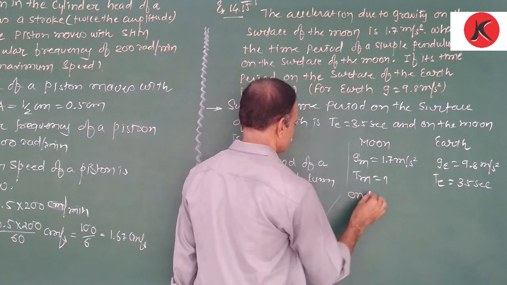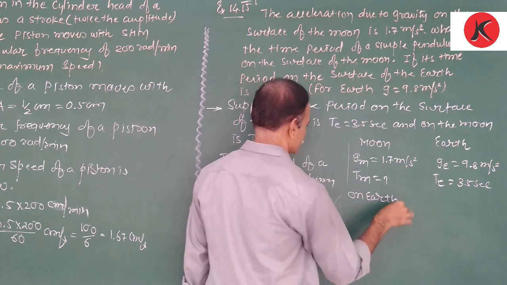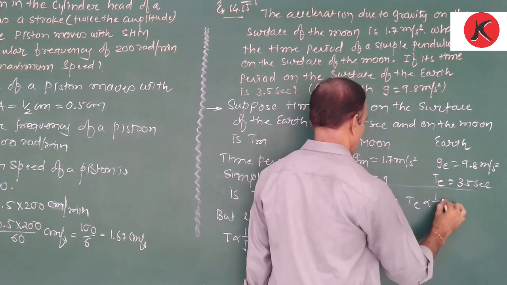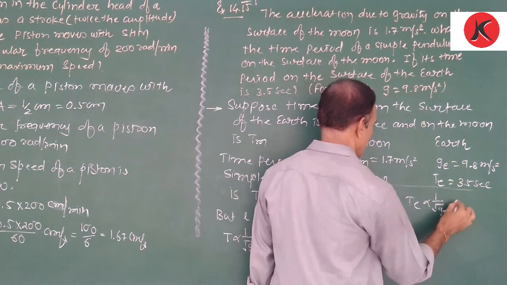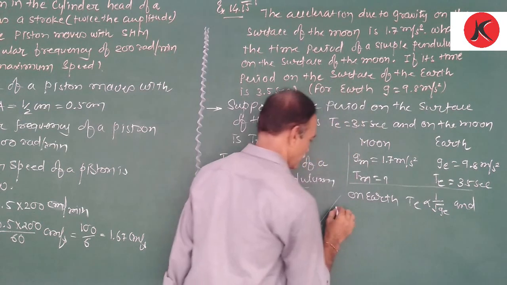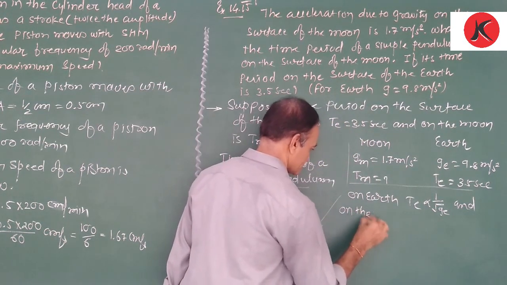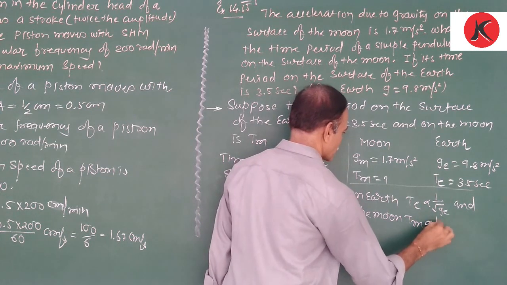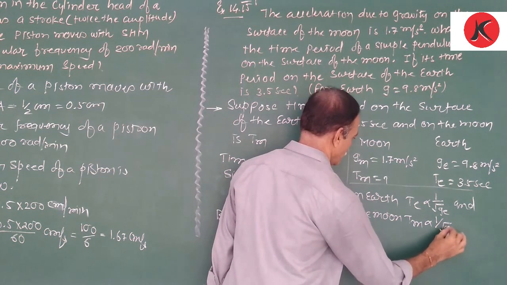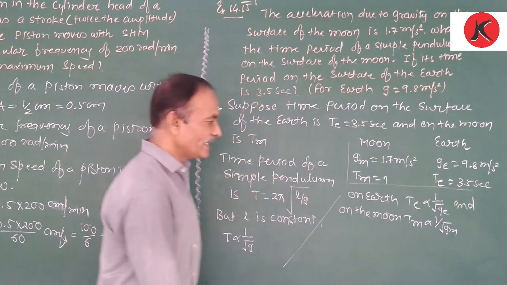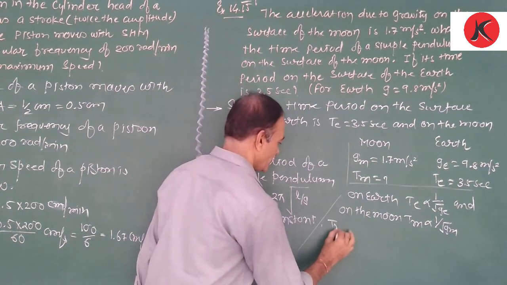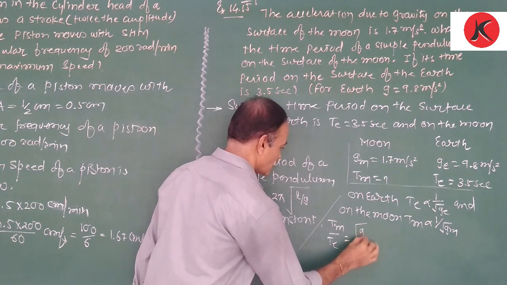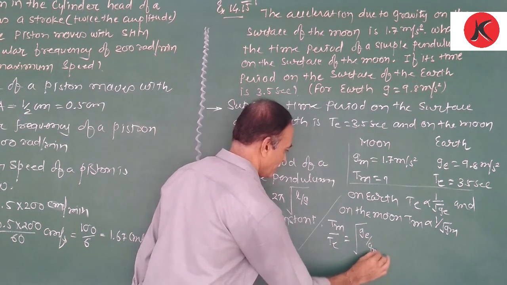Due to that reason, on earth, TE is proportional to 1 upon under root of G, and on moon, TM is proportional to 1 upon under root of G. We require the TM, therefore TM upon TE is equal to under root of GE upon GM.